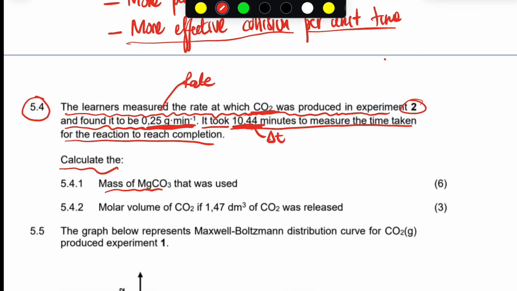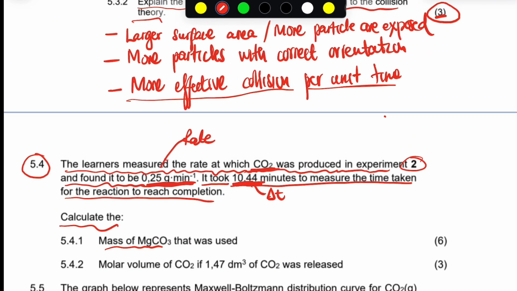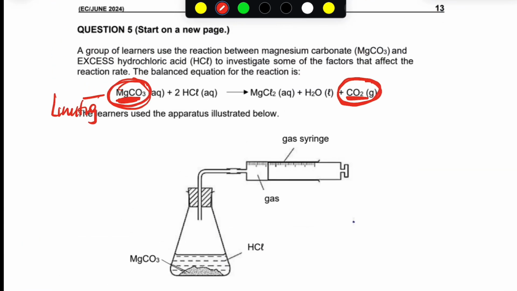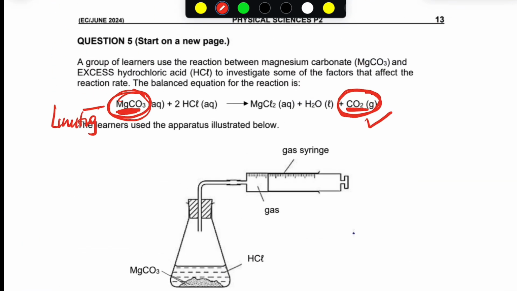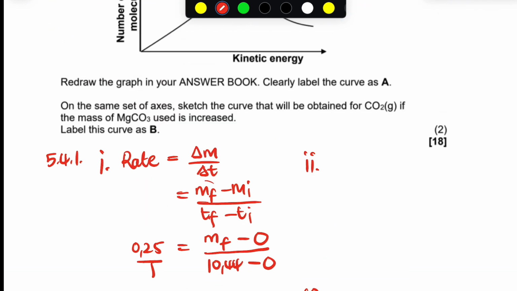Remember, we got the mass of this. We're looking for that. So we're going to change that mass into number of moles, and then we do the mole ratio between the two, right? You can see the ratio is 1:1. So we're going to convert the mass into number of moles.